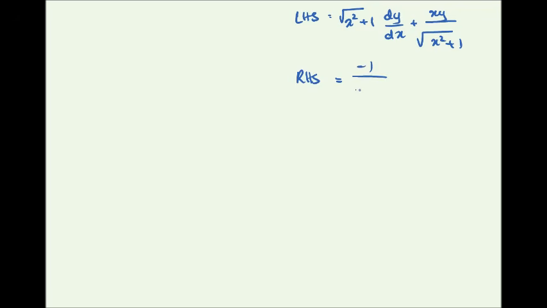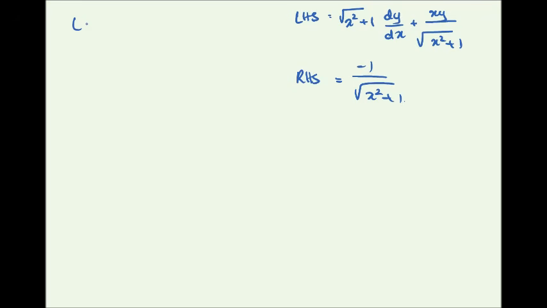So we have LHS equal to √(x²+1) dy/dx plus xy divided by √(x²+1), and RHS equal to minus 1 divided by √(x²+1).